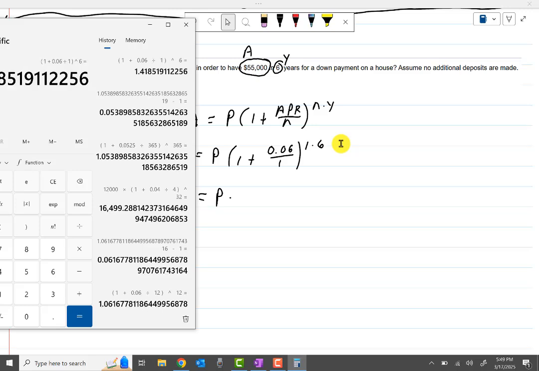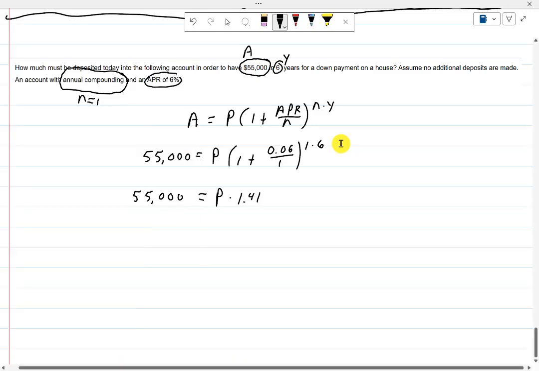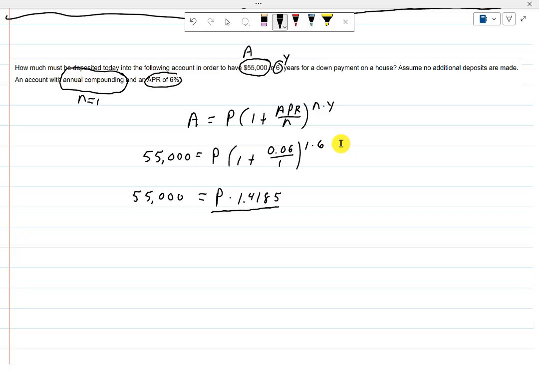I have 1.4185. I think 4 decimal places will be plenty. And now if I want to get P by itself, I'll divide by 1.4185. And I can finish this off with the calculator.